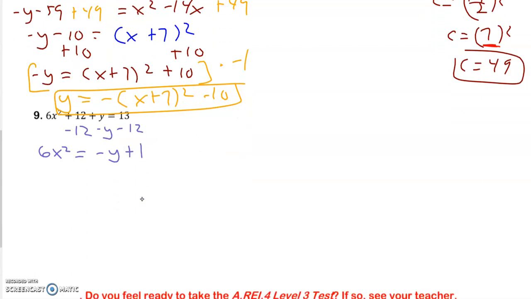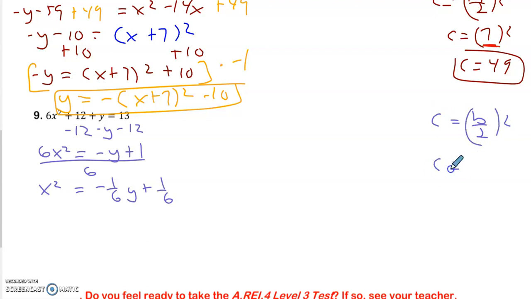When I do that, I'm going to divide everything by 6. So then you're going to get x squared equals negative 1 over 6 y plus 1 over 6.